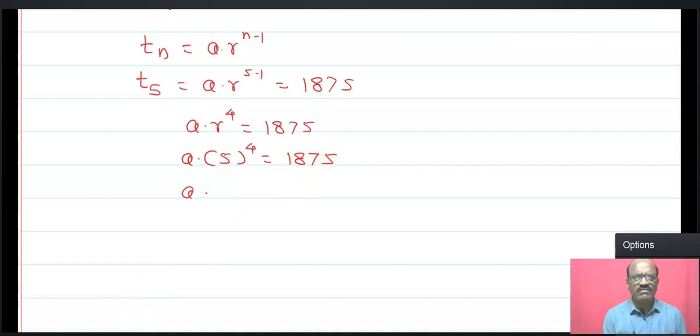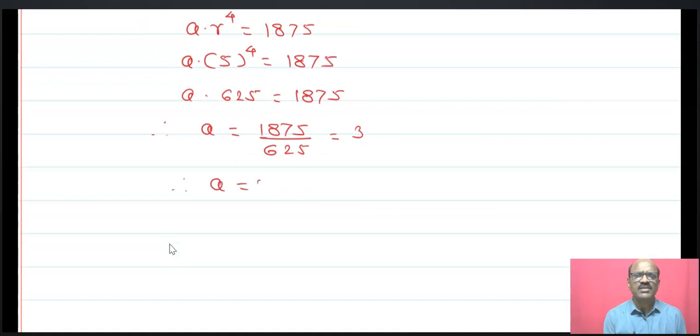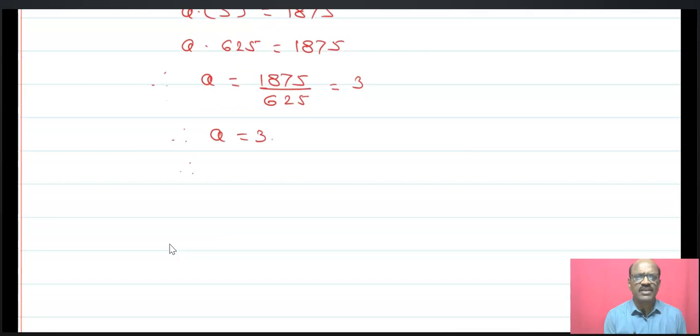Now we will find out the value. Therefore a is equal to 1875 upon 625, that is equal to 3. The value of a is 3, and the option A is the correct one here.